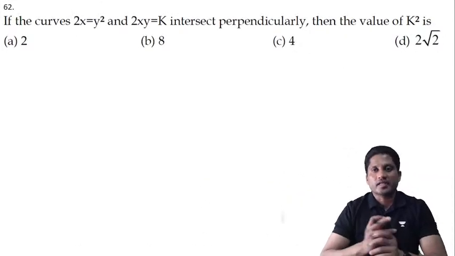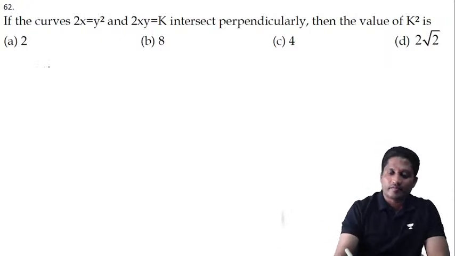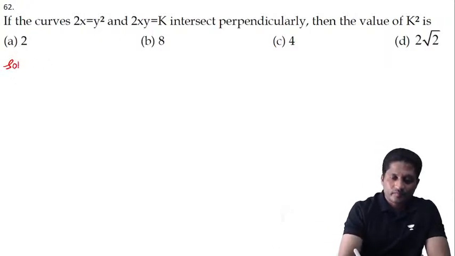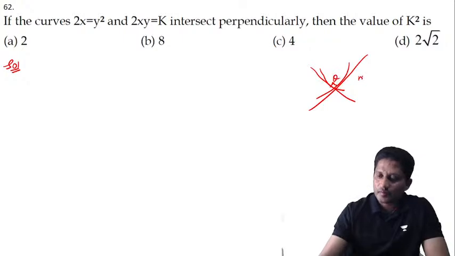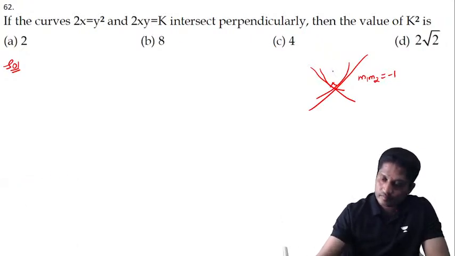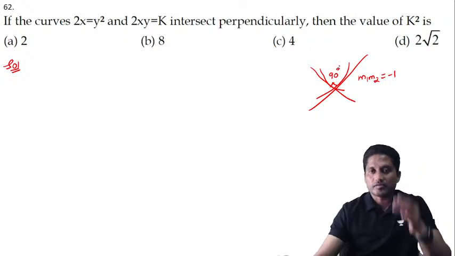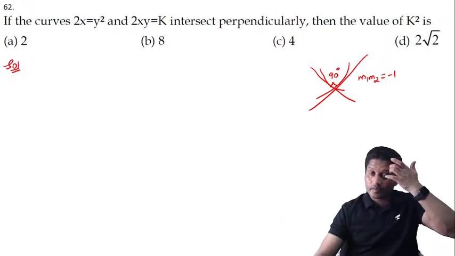If the curves intersect perpendicularly, then what should be the value of k? See, two curves cut at right angles. If the tangents at the point of intersection are at right angle, 90 degrees, m1 m2 should be equal to minus 1. Two curves cut at right angles, then m1 m2 should be equal to minus 1.